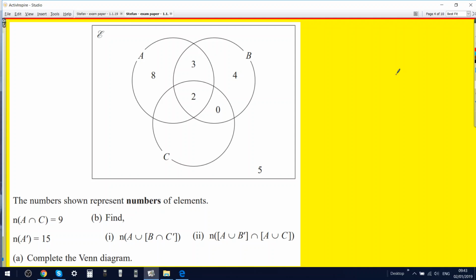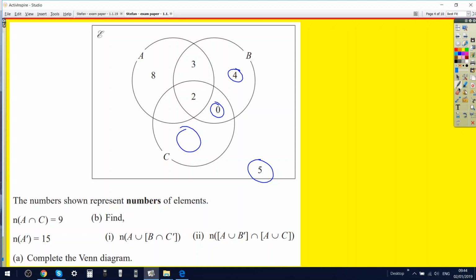Not A, the little comma thingy, so not A. So where do I draw a 6? Just anywhere outside A. So outside of A includes here, here, here, and here.